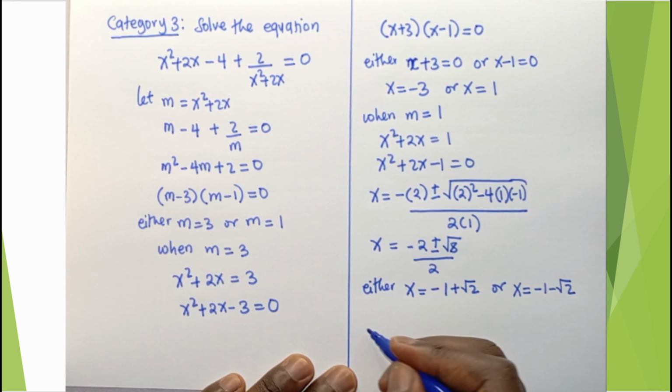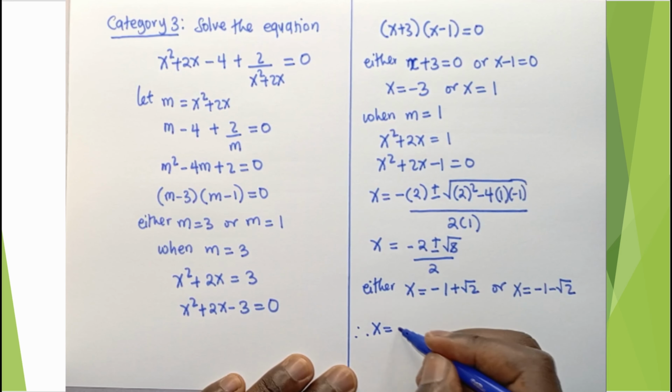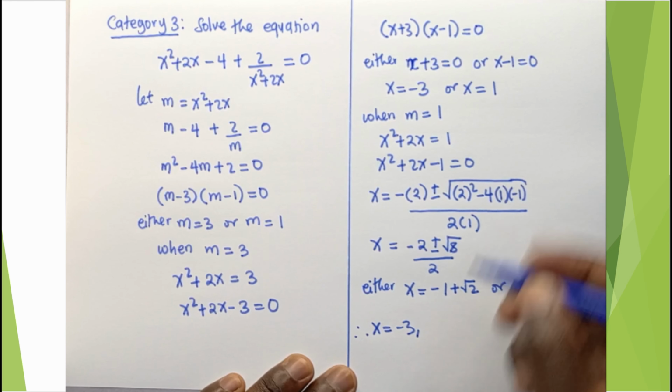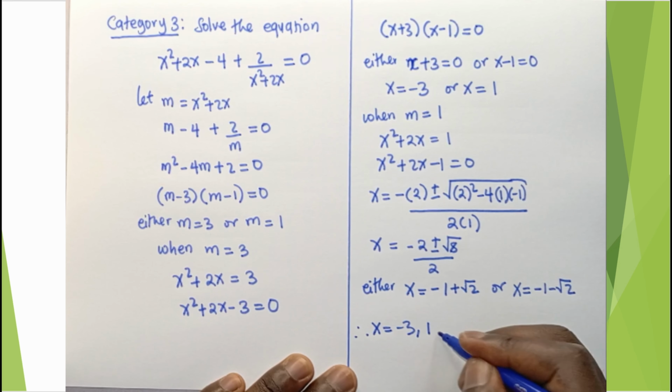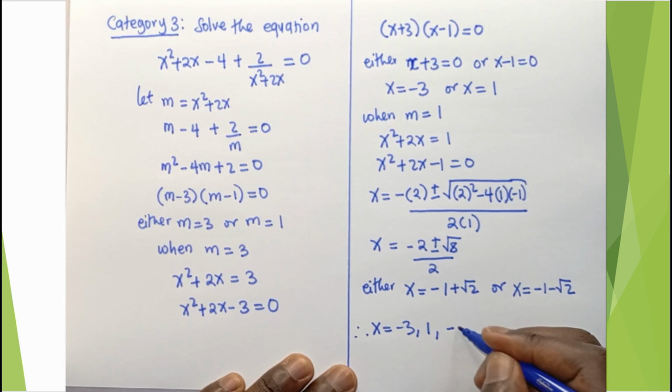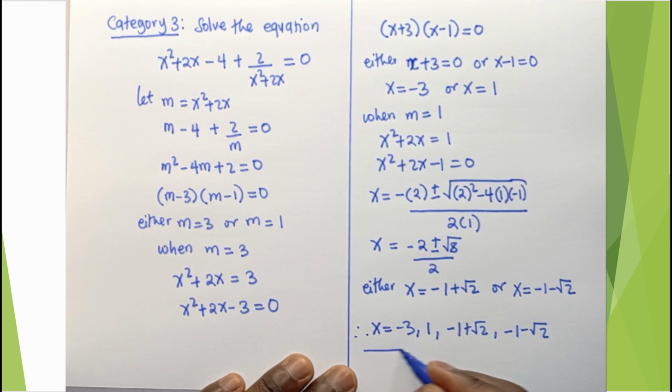So you can place them in the calculator or you can leave them there as exact values. Therefore, our values of x are negative 3, 1, negative 1 plus root 2, and negative 1 minus root 2. As simple as this, you have finished clearing the number.